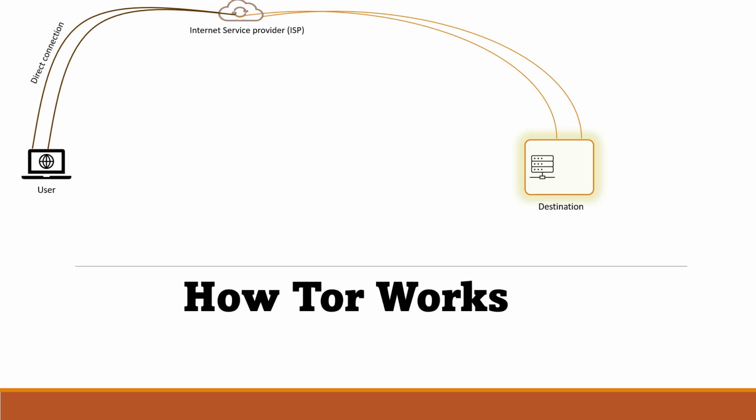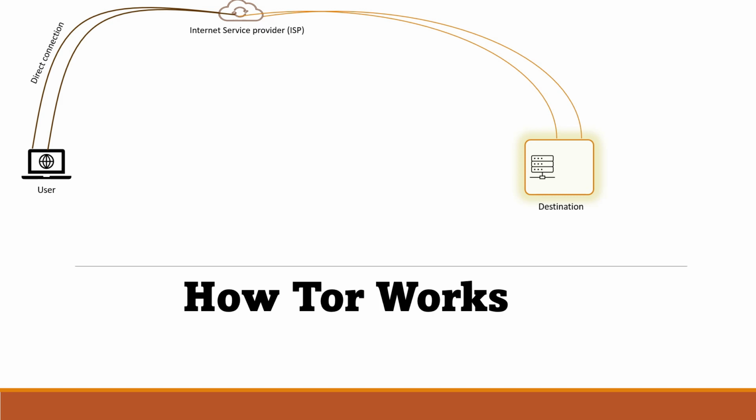So what happens is that, as you can see, the data or the request travels through your ISP. Here the ISP works as a man in the middle. So everything goes through your ISP and your ISP can monitor your activity, especially if it's an HTTP service or request, because it goes in plain text.